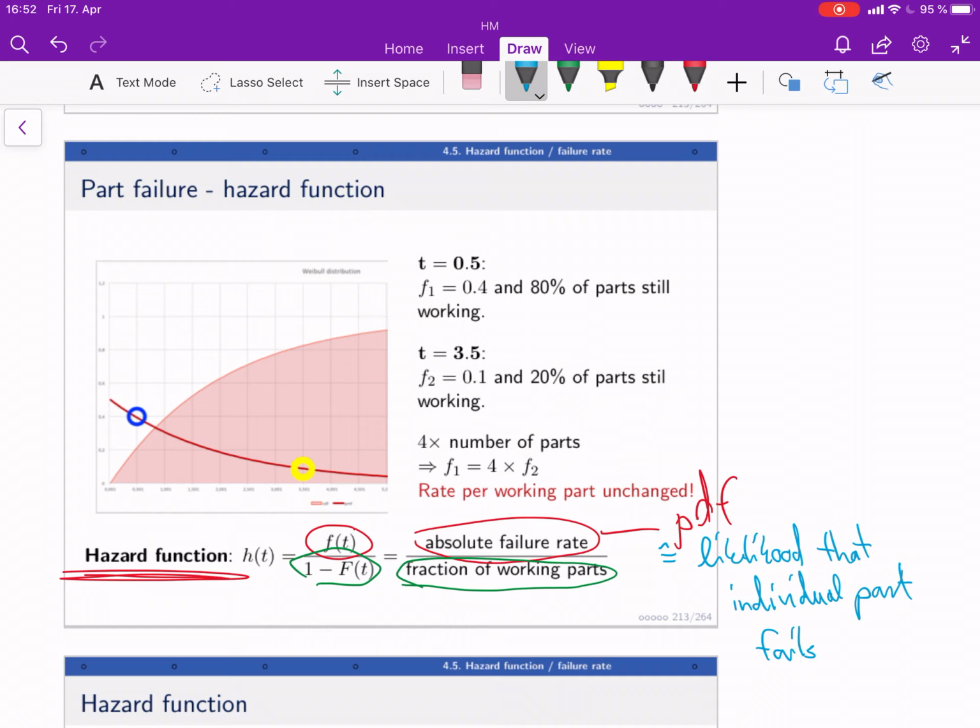And that is often what you want to extract in quality management. You sell parts and you want to know over time, are they getting worse, those parts? Are they kind of improving?